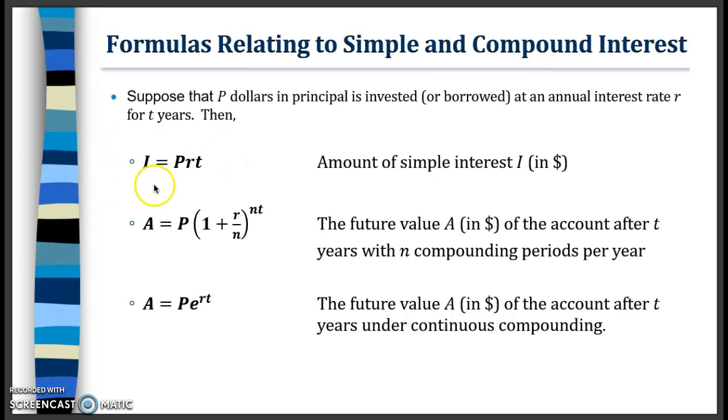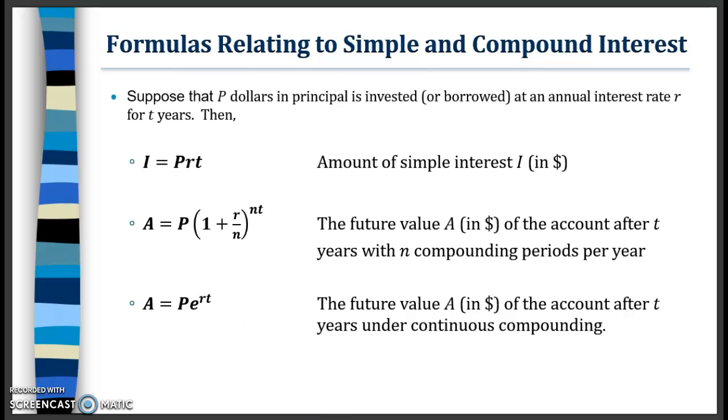Okay? And that is simple interest. When we're talking about the amount being compounded a certain amount of periods per year, then we use this equation here. When we talk about compounding continuously or continuous interest, then we use A equals P e to the RT.